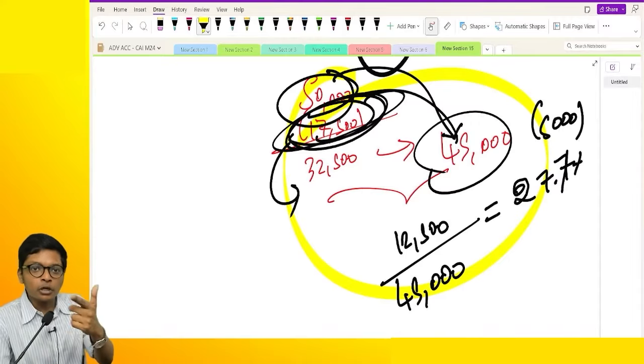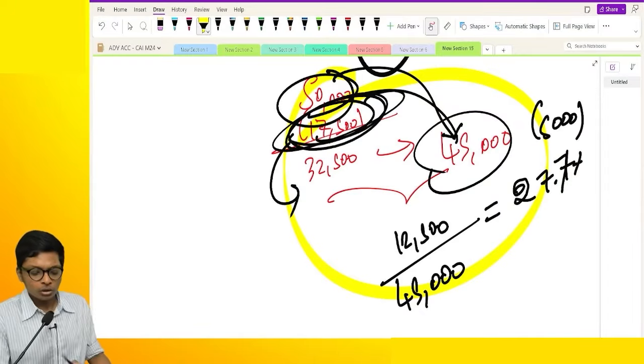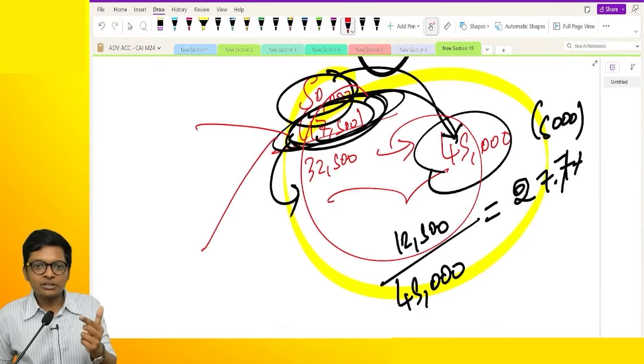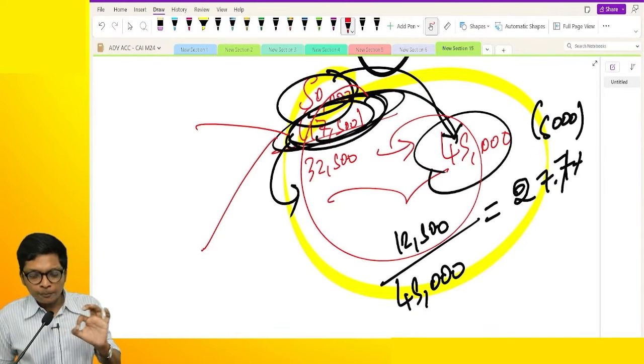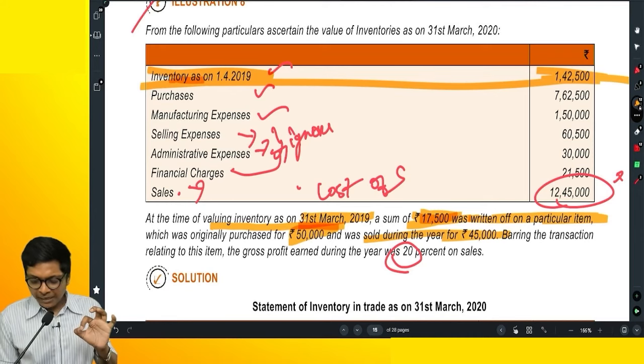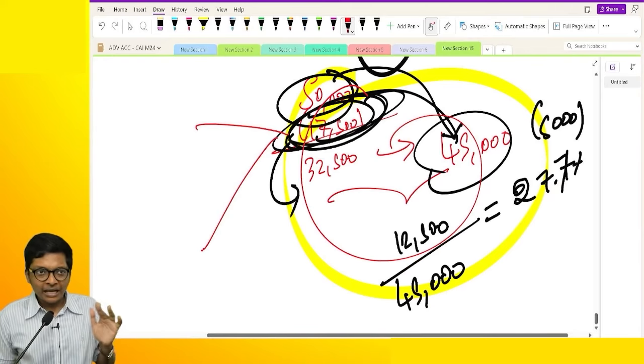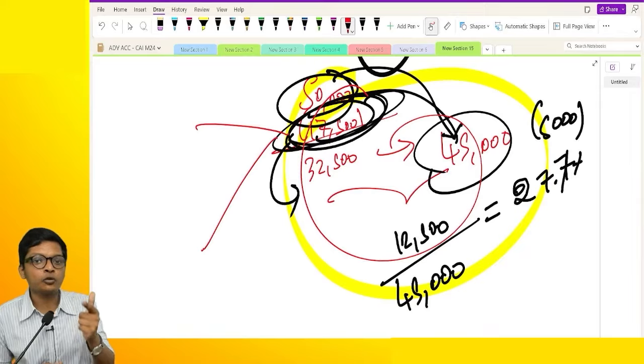No. Fully sold, correct? So there are two ways to do it: either include it, or exclude it. Look at the wordings. Barring this transaction, GP is 20%. So I will assume this did not happen, just for the purpose of computation of closing stock.